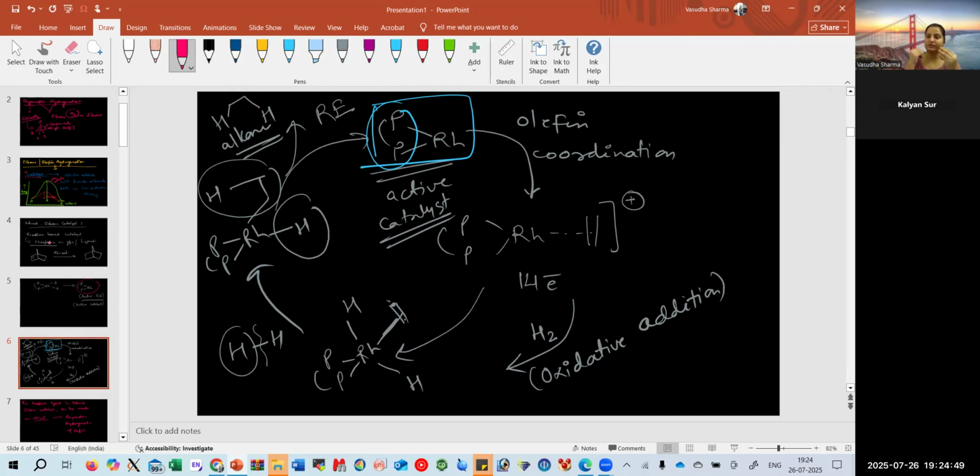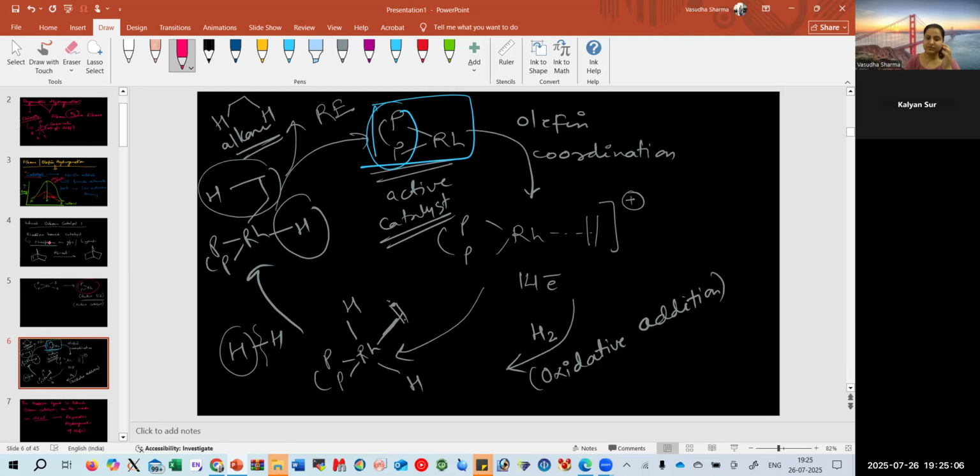After that, we give a hydrogen source to this one, and that hydrogen undergoes oxidative addition, with the two hydrogens split and coordinating to the rhodium, increasing the oxidation state to +3 and the electron count to 16.